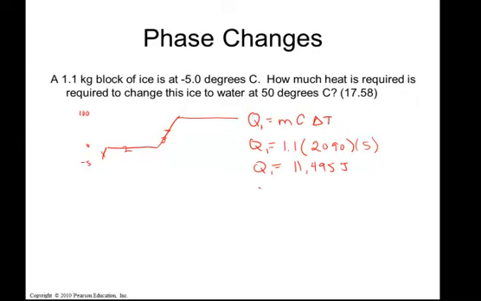Now, to find my second segment, this is changing phase, so I have to use my latent heat. So 1.1, and then I'm going to have to look up the latent heat of fusion for water. I went back to that chart, and it's 3.3 times 10 to the 4th.